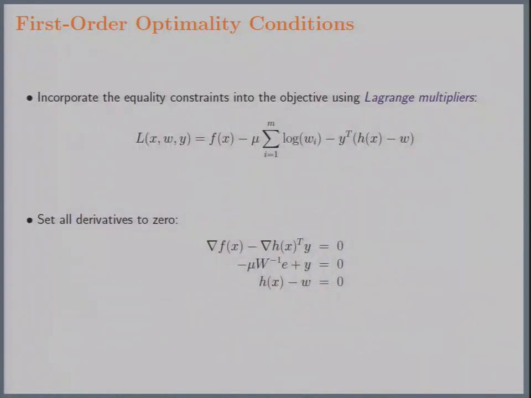This is y_i times h_i of x summed on i, so it's really just the sum on i of y_i times the gradient of h_i. But when I write this in matrix notation, I want that to be a column vector because my assumption is always that vectors are column vectors. So my gradient here is a column vector.